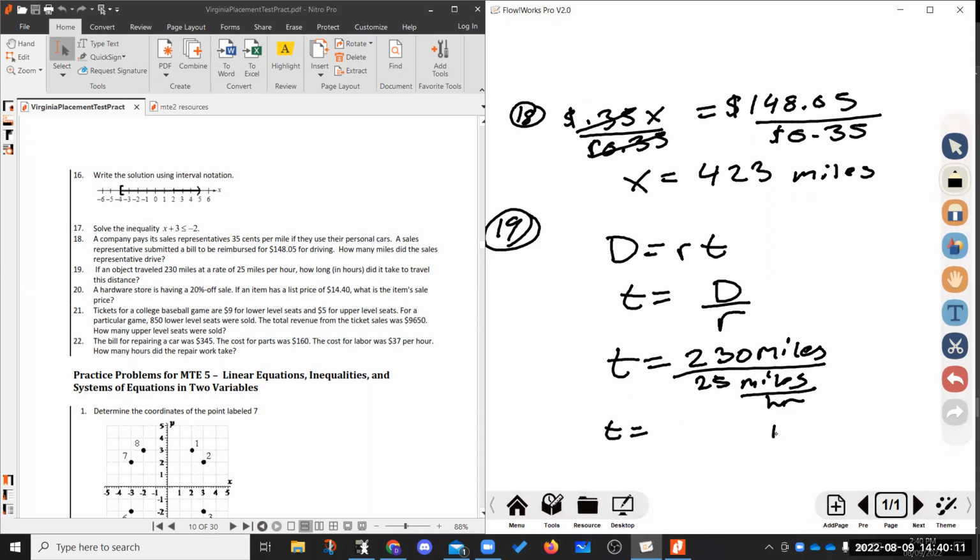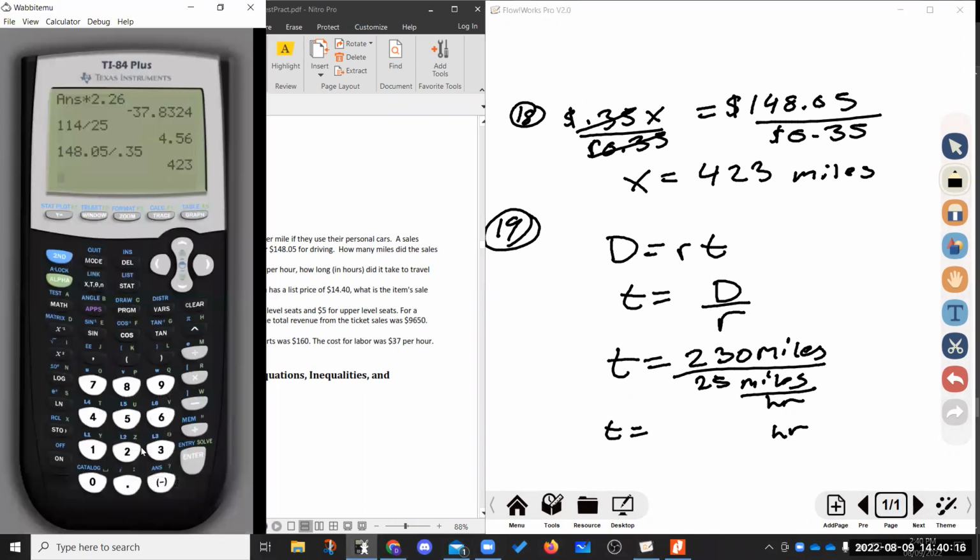Our T is going to be measured in hours. 230 divided by 25 is going to be 9 2/10 hours. If we want to convert that to hours and minutes, that's 9 hours and 12 minutes, because each 1/10 of an hour is 6 minutes, so 2 times 6 is 12.